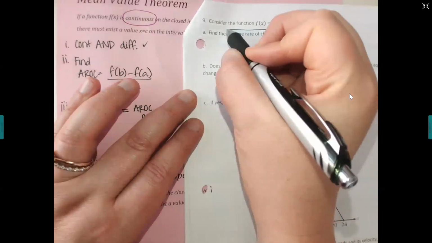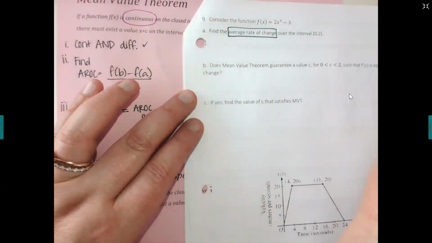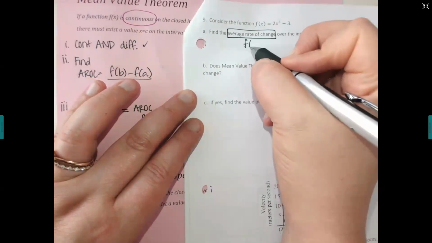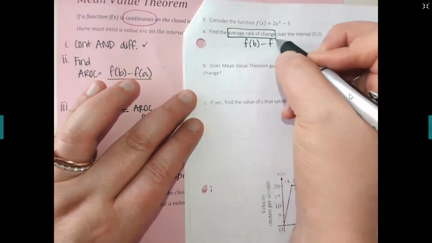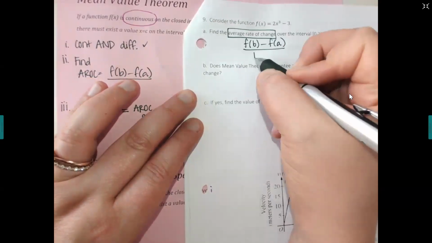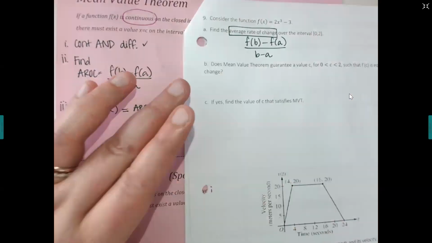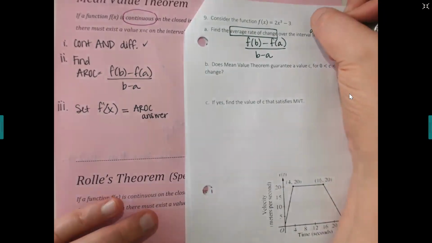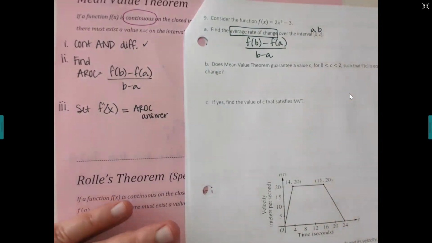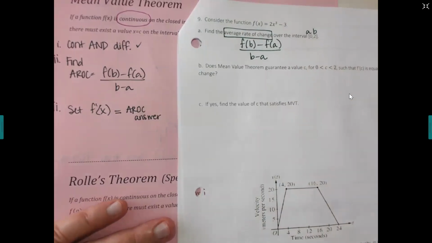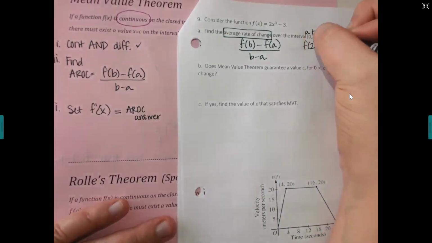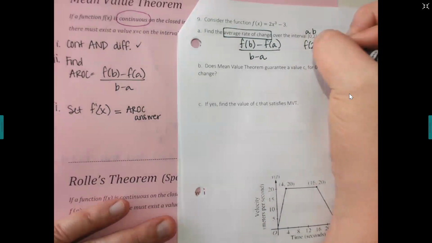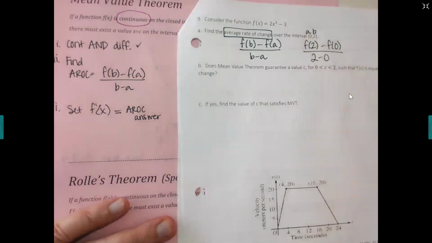Step 2 is we're going to find the average rate of change, which is f of b minus f of a over b minus a. Now, keep in mind that if they're giving me the interval from 0 to 2, that means that 0 is my a and 2 is my b. So I'm going to make that f of 2 minus f of 0 over 2 minus 0.